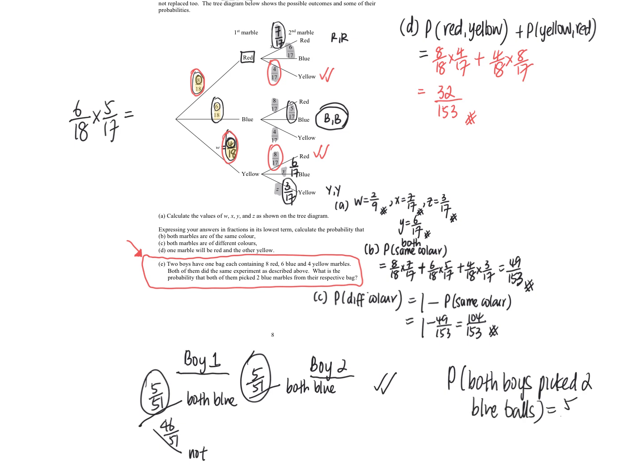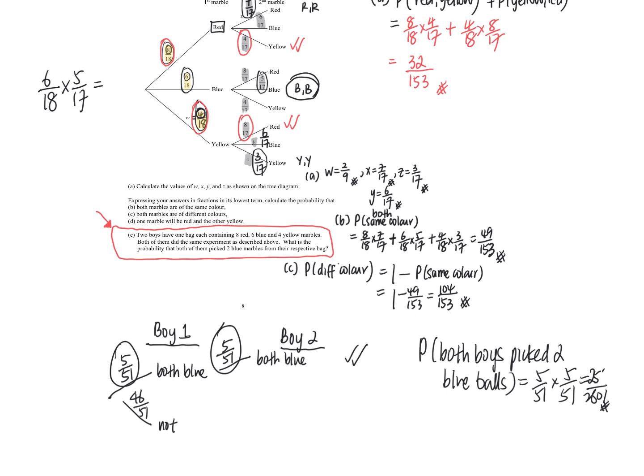So it's just 5 over 51 times 5 over 51. So 25 over 2601. So just always leave your probability as a fraction, okay? This one, blue.